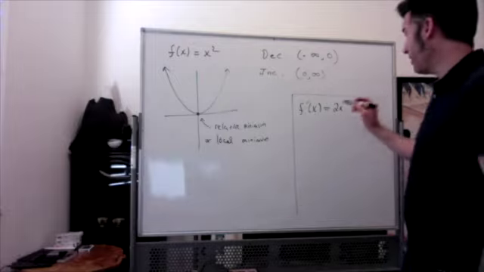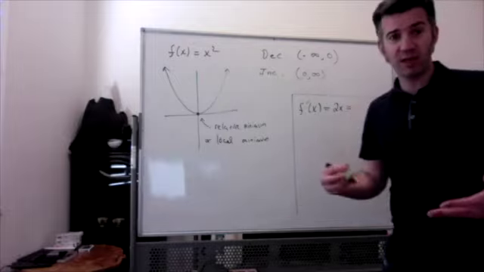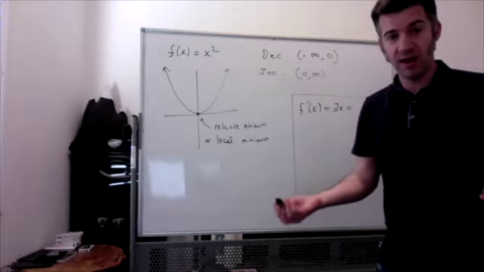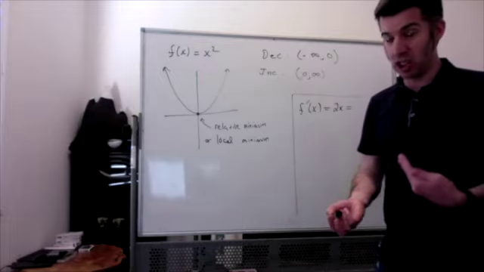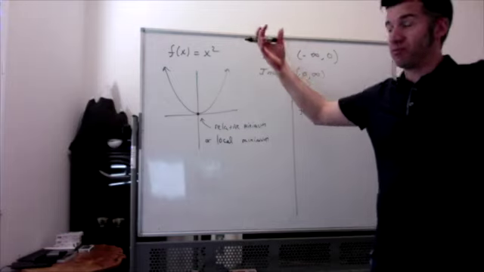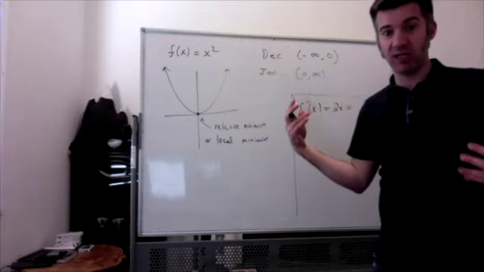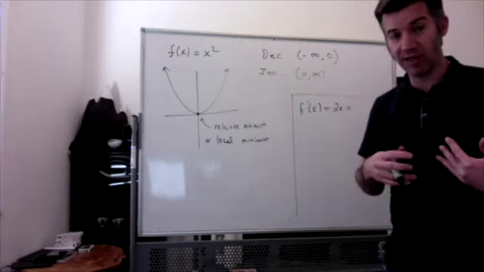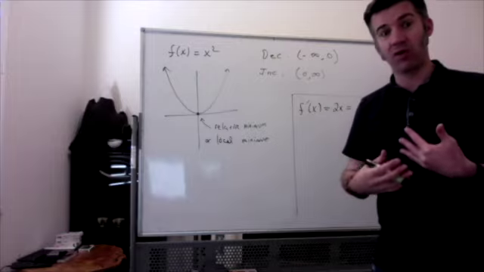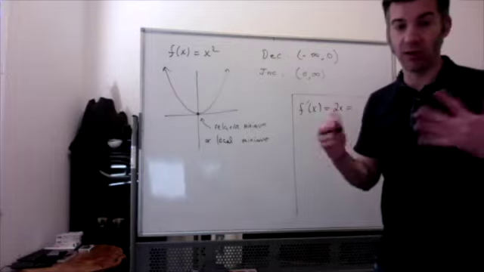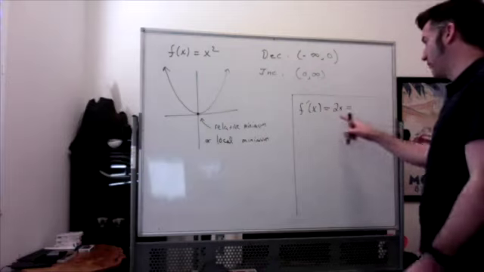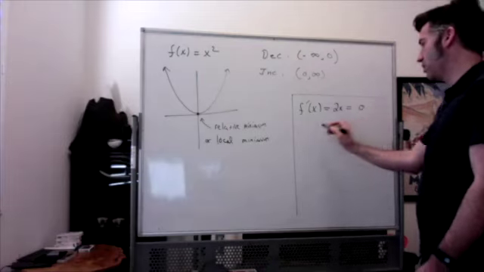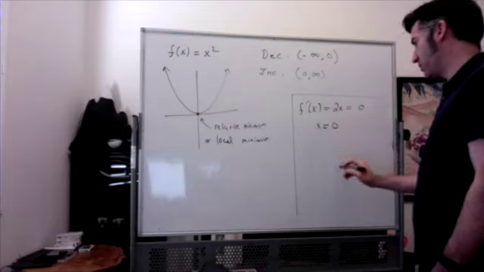The reason we find that is because if you find where something is 0 or undefined, those are the only places where the sign can change, right? If you have something that's either positive or negative, the only way to change from positive to negative is to either go through 0 or to cross over where it's undefined. So if we set this equal to 0, you're going to get x equal to 0.